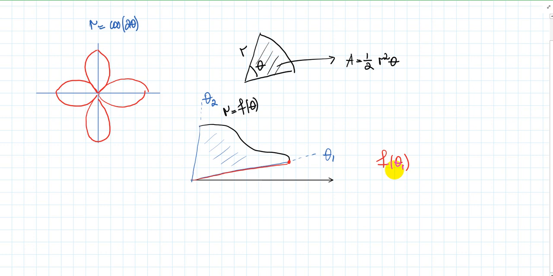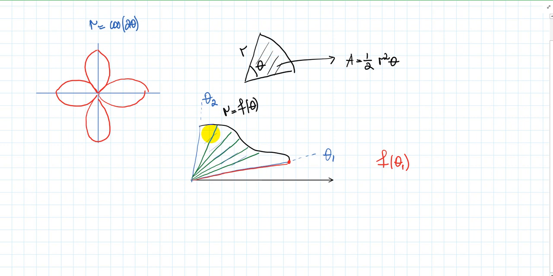Okay. The idea of defining the area would be to split this area into many sections. So basically, I'm splitting this into many sections.